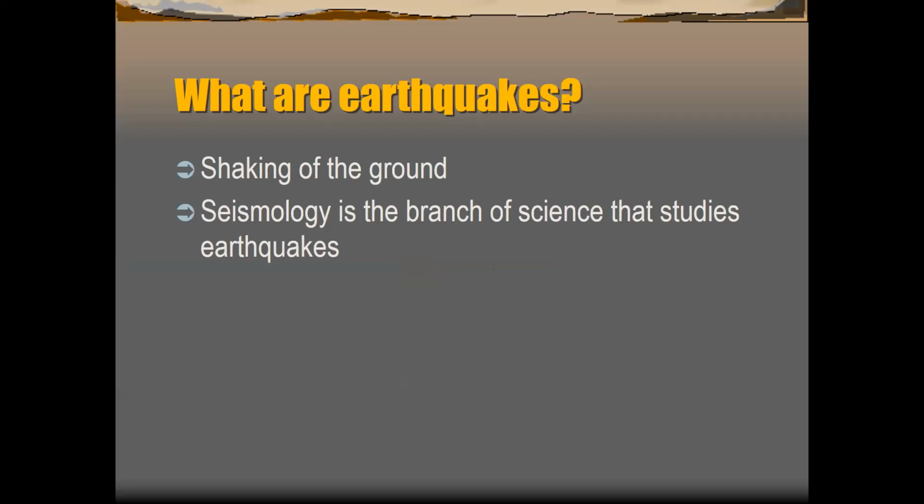Well, an earthquake is defined as the shaking of the ground. And so what we're really talking about is the study of seismology. Seismology is the branch of science that studies earthquakes. So we're going to be studying why they occur, where they form, what they do to the earth as they send out their energy, and how we can record that.